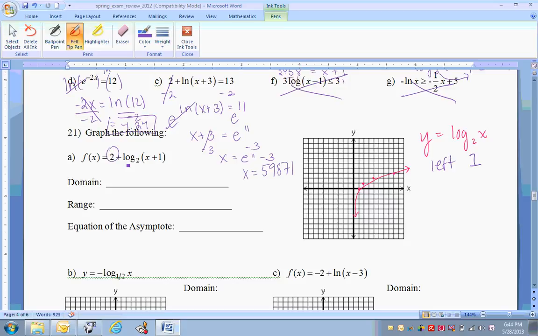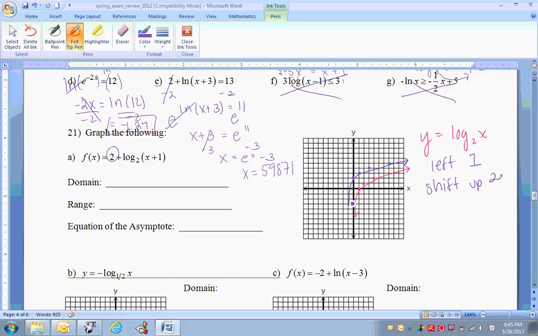And this 2 out front means I'm shifting up 2. So I'm going to take each point and shift left 1 and up 2.